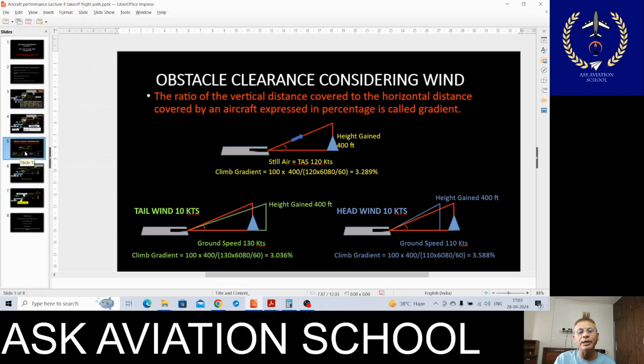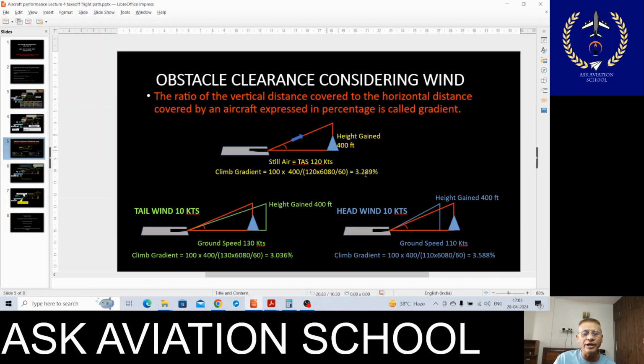How will it vary? We will have a look. In this particular diagram, the first diagram shows the aircraft, considering still air, maintaining a TAS of 120 knots. Let us assume that you are at the minimum acceleration height, that is 400 feet, with the obstacle here, and the obstacle clearance margin required was 35 feet.